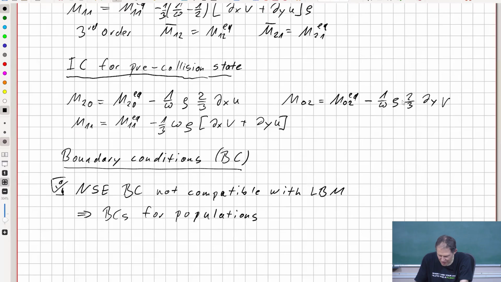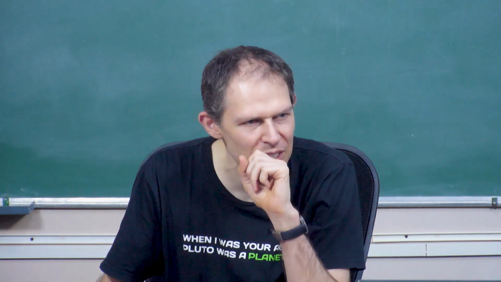Now, if you have nothing better to do in your life and you want to become a scientist and want to write papers on lattice Boltzmann, then you invent a new boundary condition and you write a paper on this. So there are two such things: either you invent a forcing scheme or you invent a boundary condition.